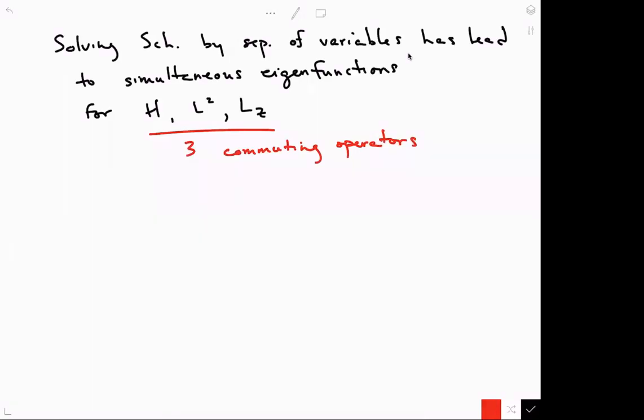So we can write this out as our Hamiltonian and our allowed energies, our angular momentum squared, and the associated values with that involve our quantum number L. And remember, our quantum number N is embedded in those allowed energies.